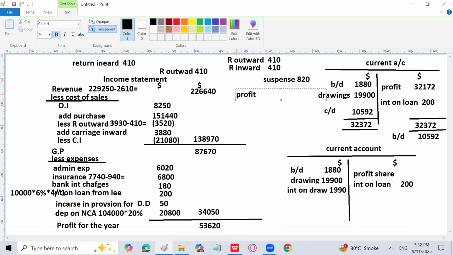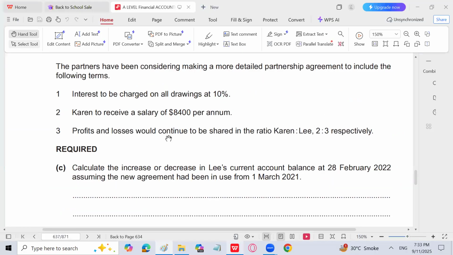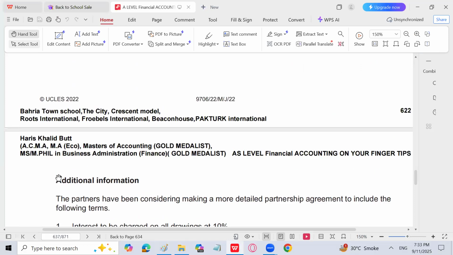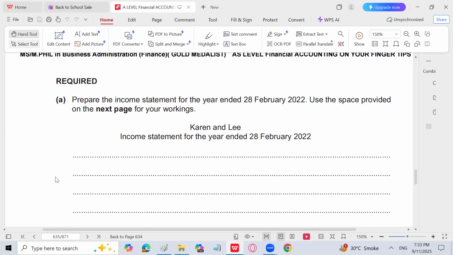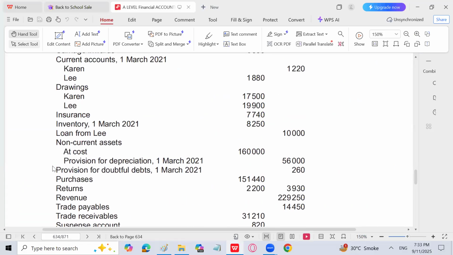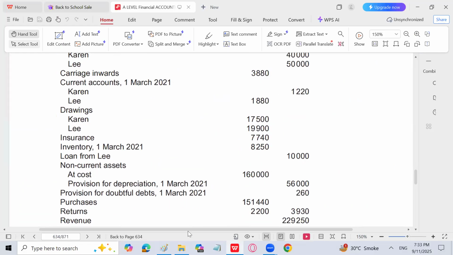Profit will remain the same, that is 53620. I will add interest on drawing in this, for both Karen and Lee. Let's calculate it. For Karen, the interest on drawing is 10%, and Karen's drawings are 17,500.